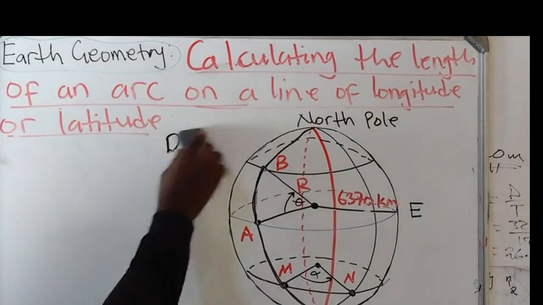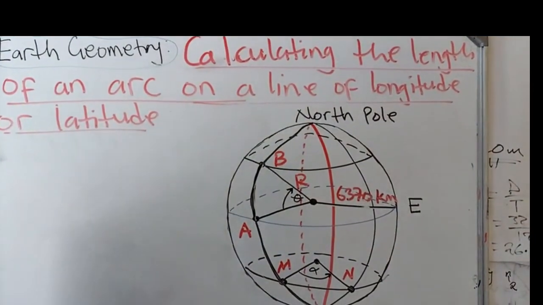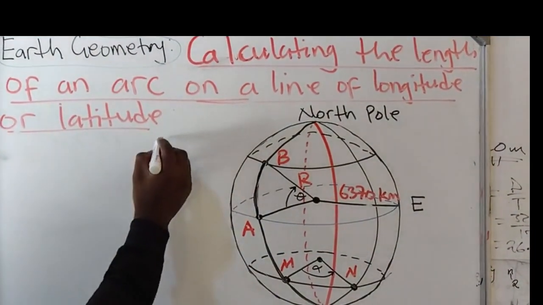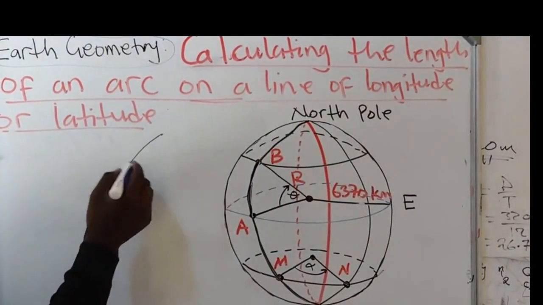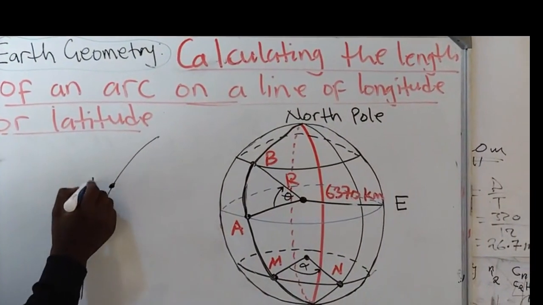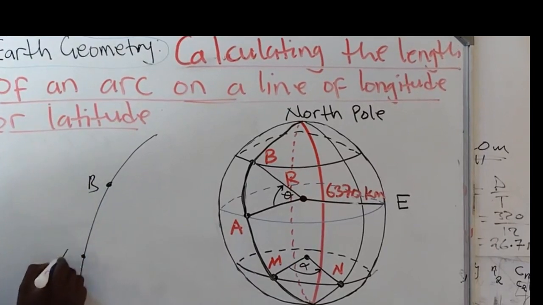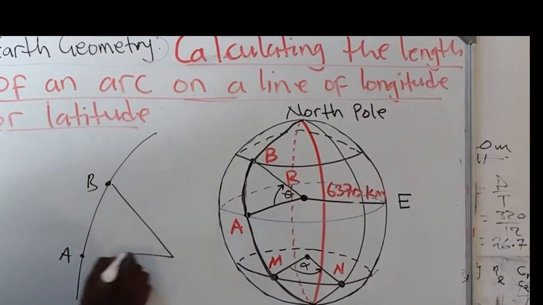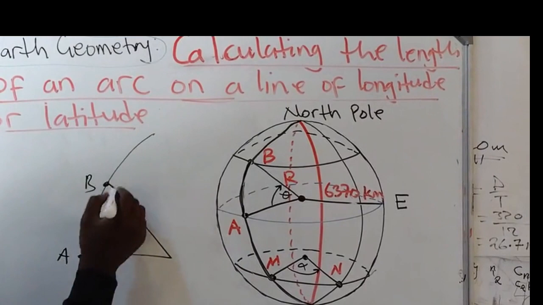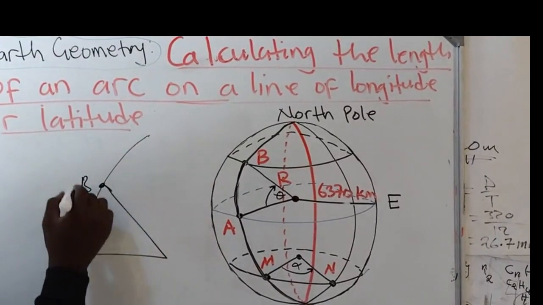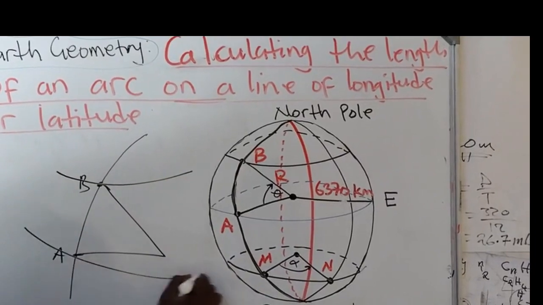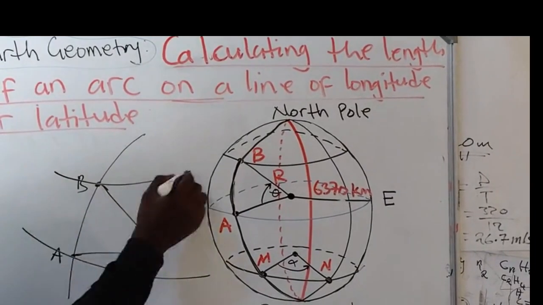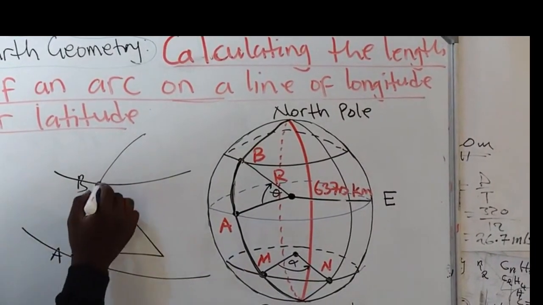When you look at this line of longitude, the great circle where we have point A and point B, you can see we have this latitude line passing, and we also have another latitude passing.